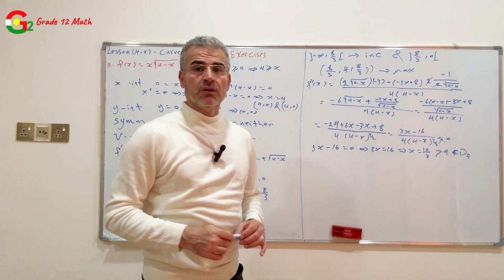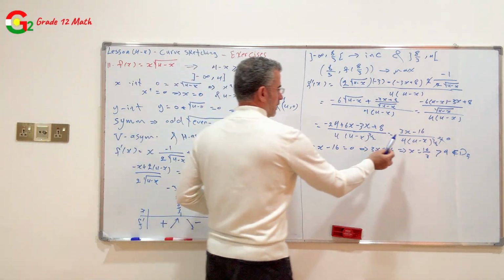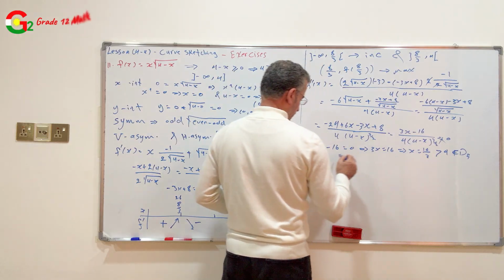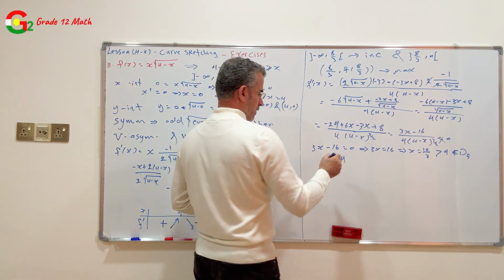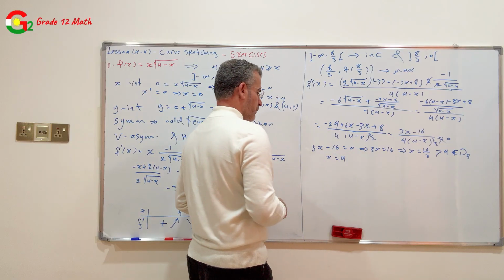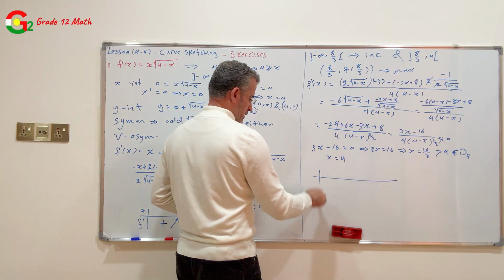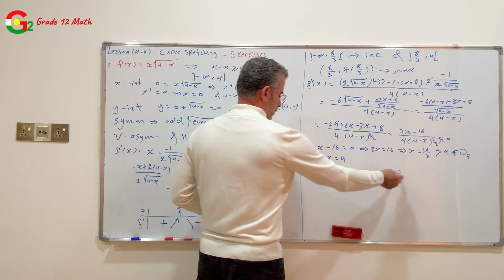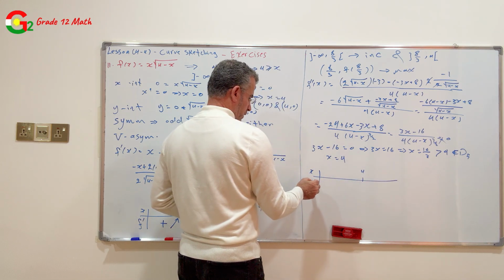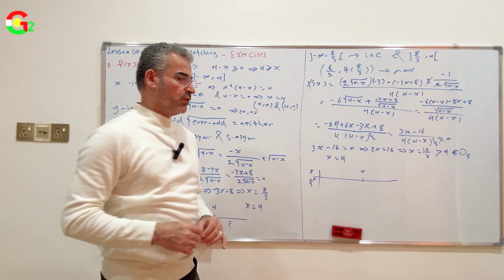Therefore, there is no critical point, but the second derivative is undefined at x equals 4, and 4 is within the domain. Therefore, x equals 4 is a critical point for this function. This is 4. When x is greater than 4, it is out of the domain.